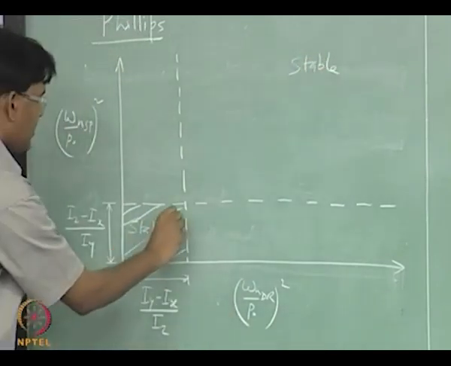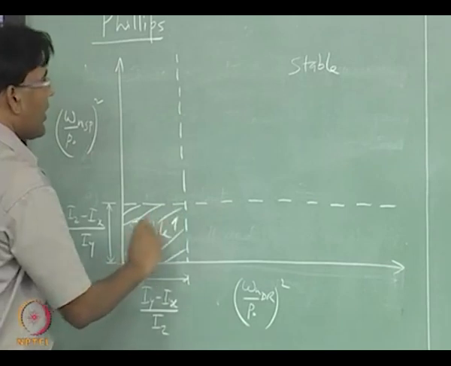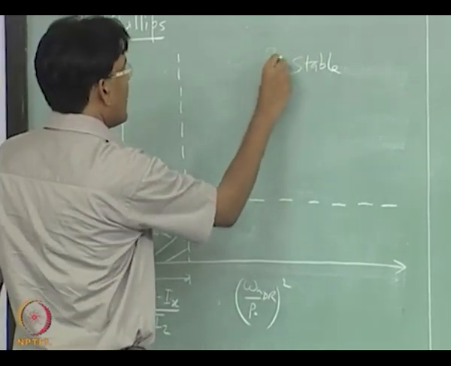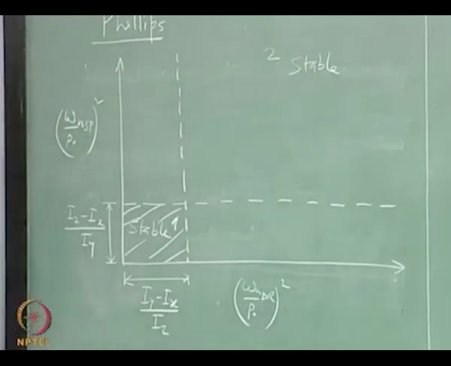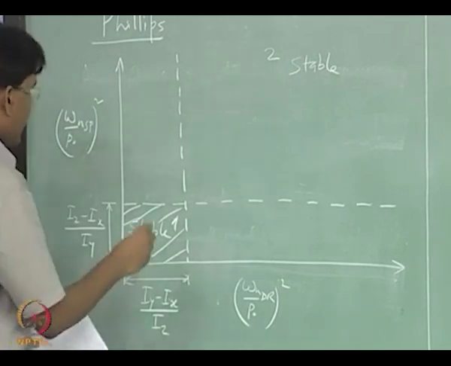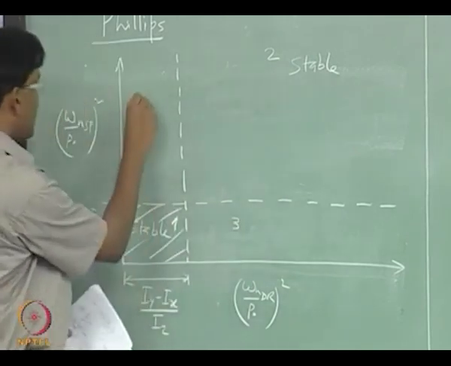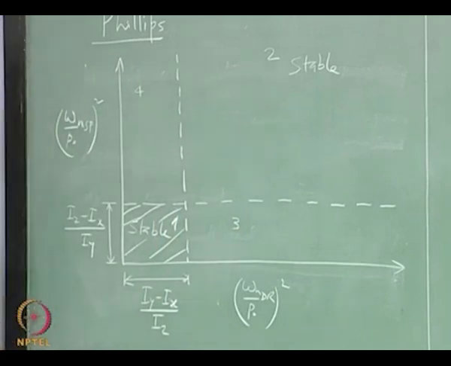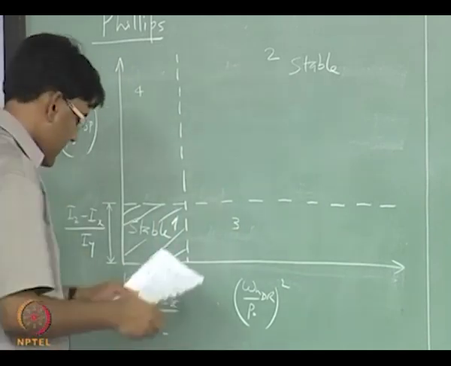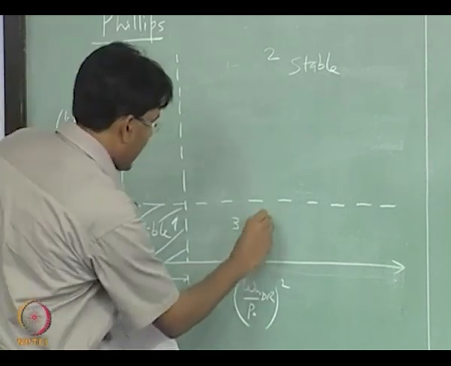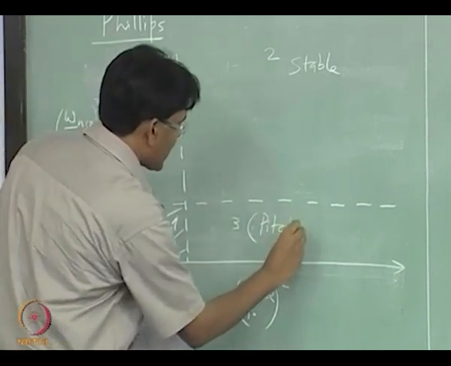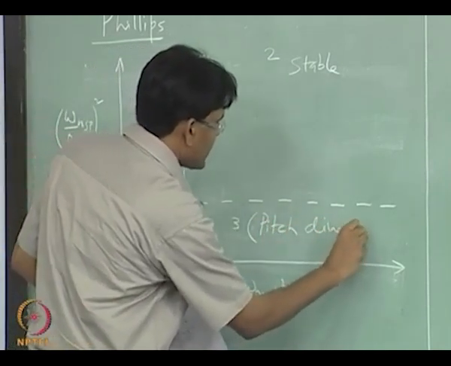So, regions 1 and 2 are stable regions. 3 and 4 are unstable flight regimes. And here you will see what is known as pitch divergence.